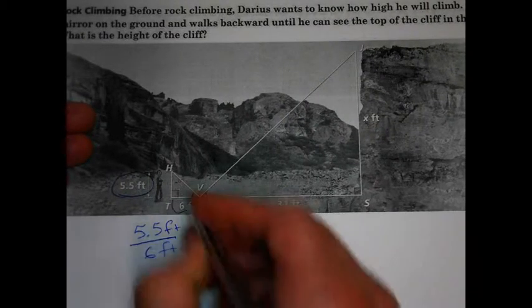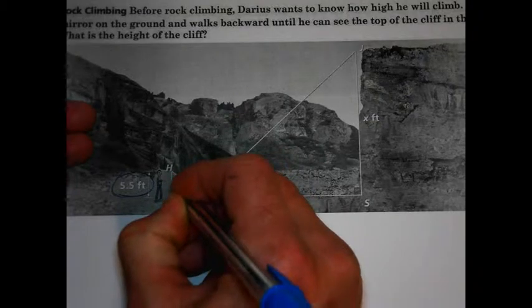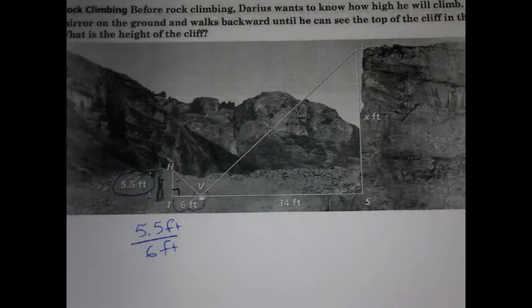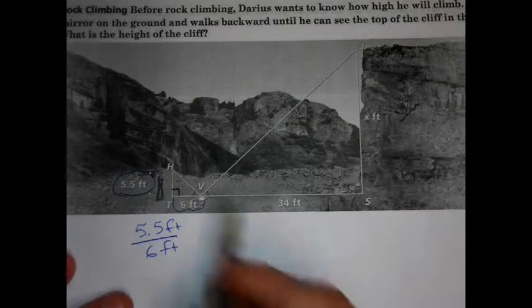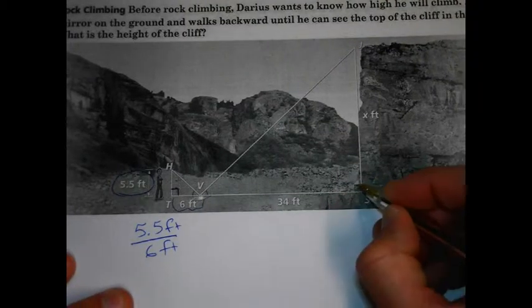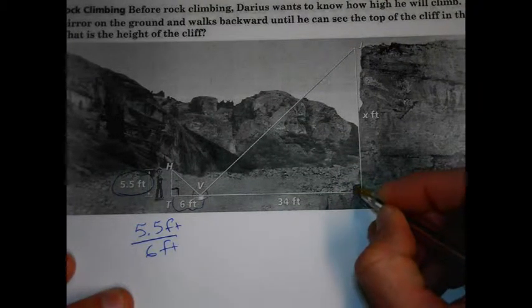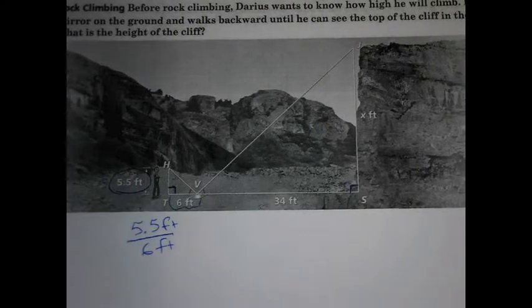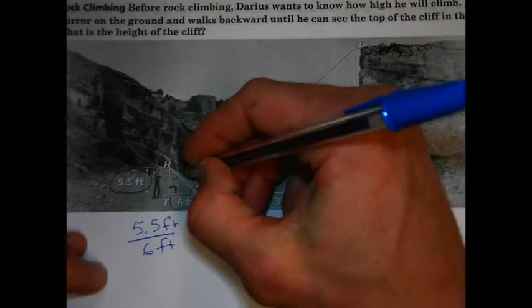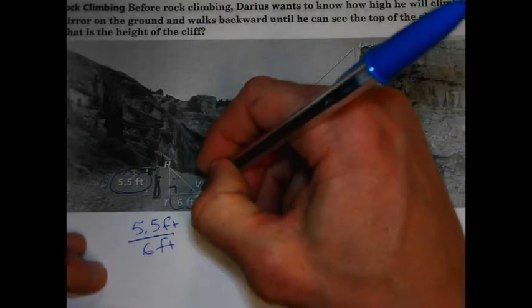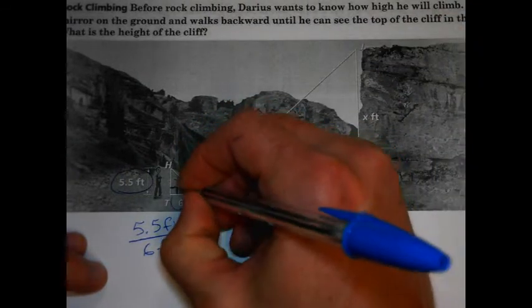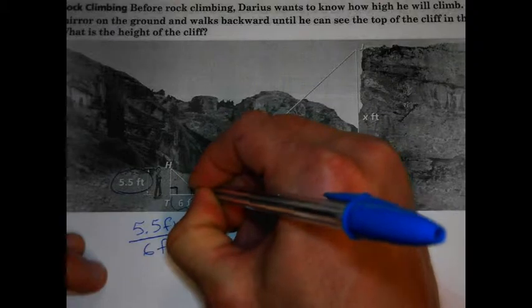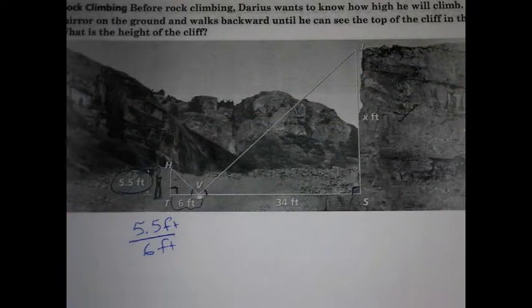Darius is standing straight, so he has a right angle. The cliff is straight up, so we have a right angle as well. Now, how do we know we are dealing with similar triangles in this case? Well, because vision, the way it works, and reflecting off of a mirror establishes congruent angles.